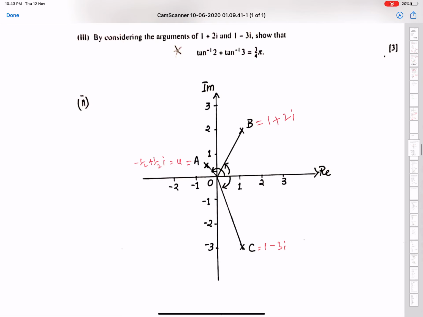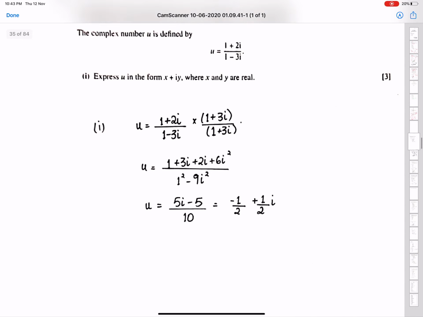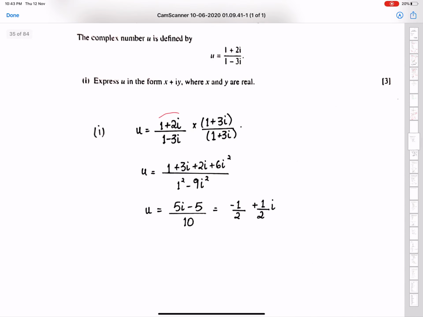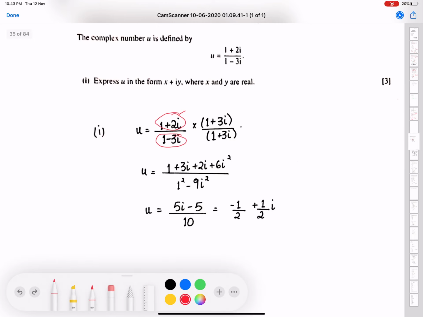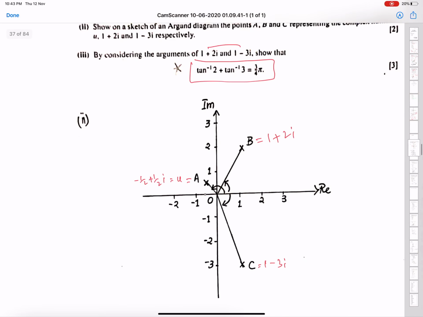Now, by considering the arguments of 1 plus 2i and 1 minus 3i, show that this thing. We have to show this by considering the argument of these two. So let me check this here. See, 1 plus 2i, 1 minus 3i. This is B and this is C. We will use that information.